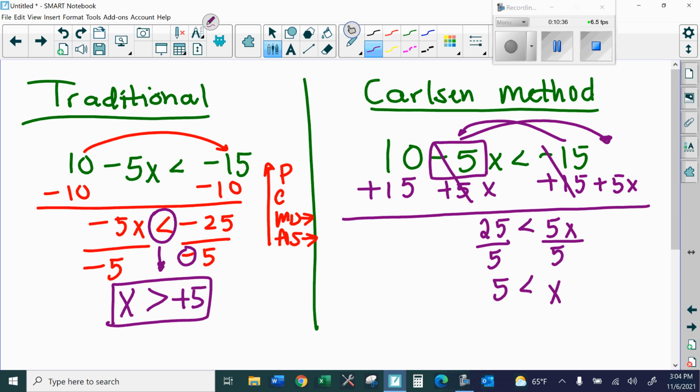So these are both the exact same answer. You usually start reading from the variable: x is greater than 5 and x is greater than 5. So you get the same answer. But you can see you have less chance for error. You're going to deal with more positives doing it my way, more negatives doing it this other way.